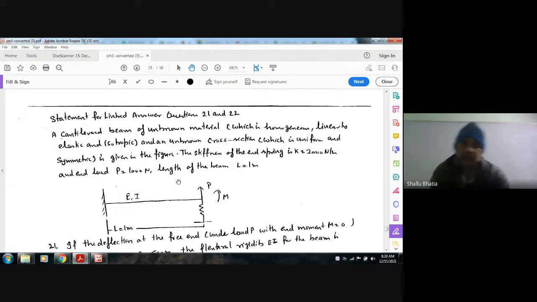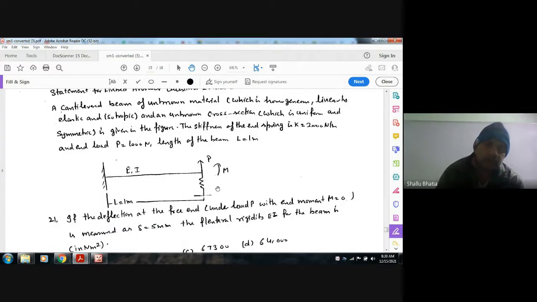The stiffness of the end spring is K equal to 2000 Newton per meter and the free end load P is equal to 1000 Newton. The length of the beam L is equal to 1 meter. So this is the Young's modulus E and moment of inertia I. So this load is here, P may be acting and M may be acting. There are two questions based on this statement.